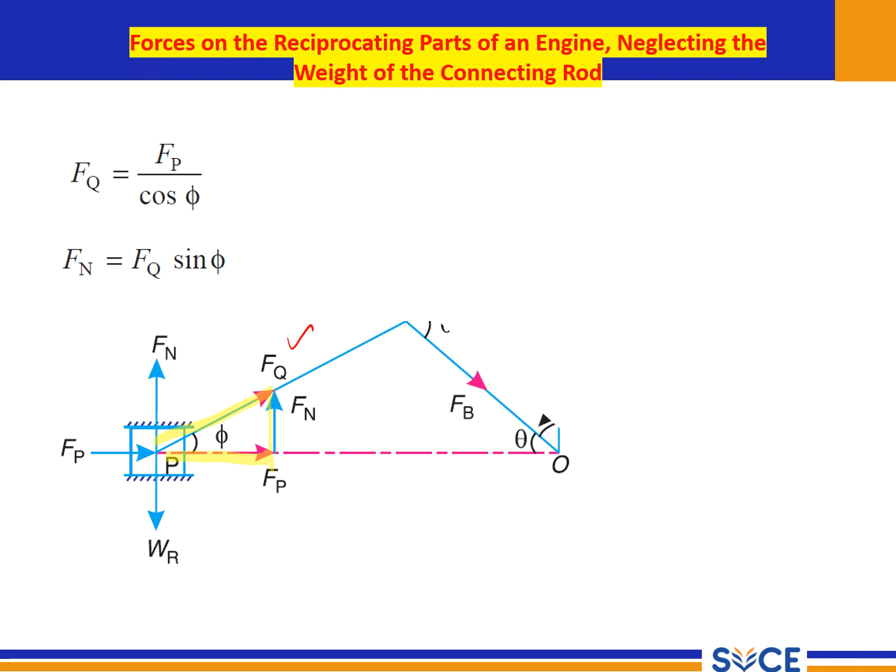Similarly, for cos phi, the adjacent side is FP and the hypotenuse is FQ. So using the cos phi formula we can get FQ. When I know the net piston effort, I can calculate FQ as well as F1. So F1 is nothing but, sin phi equal to F1 divided by FQ. From that it came.